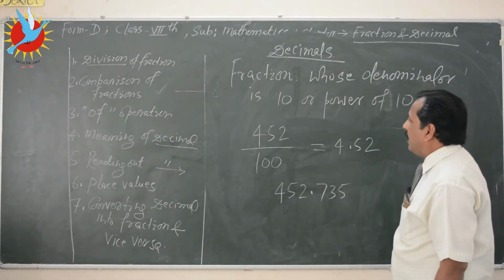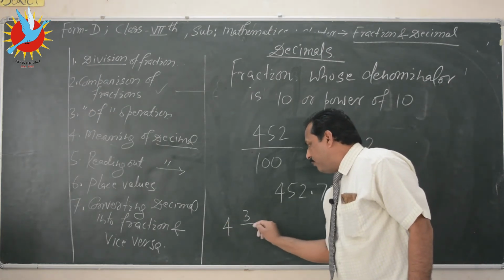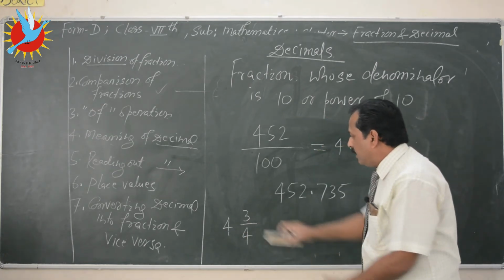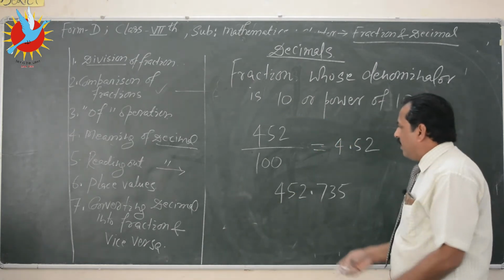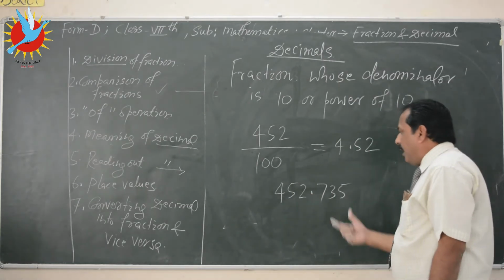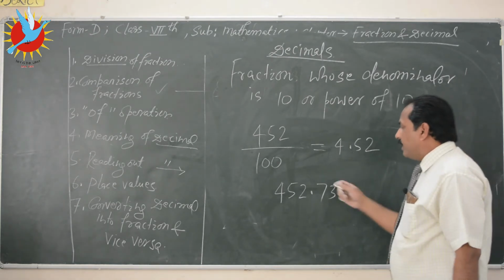Just like a mixed fraction, you are aware, suppose this is 4 and 3 by 4. So this is whole number part and this is fractional part. Similarly, in decimal also, on left hand side of decimal there is whole part and on right hand side there is fractional part. So how to read it?